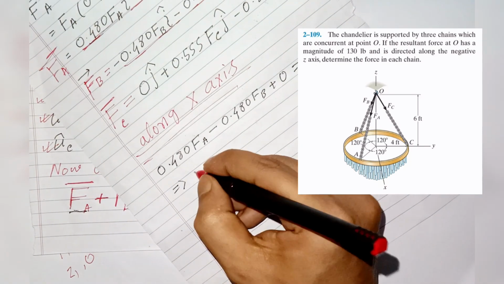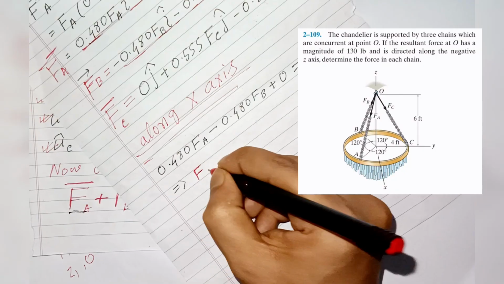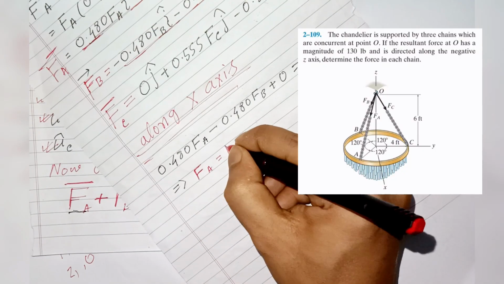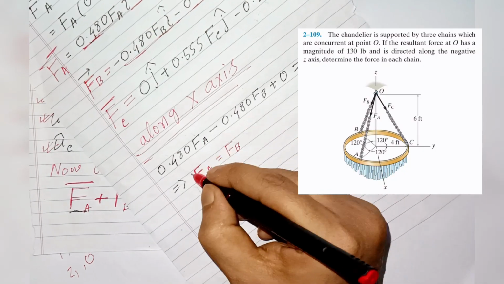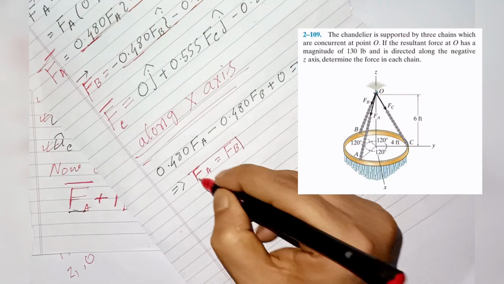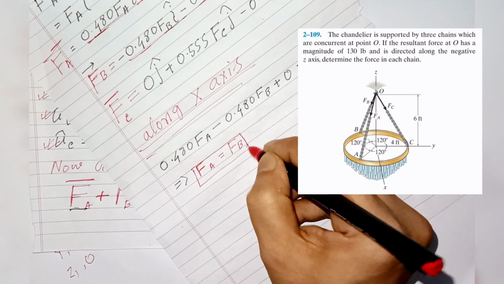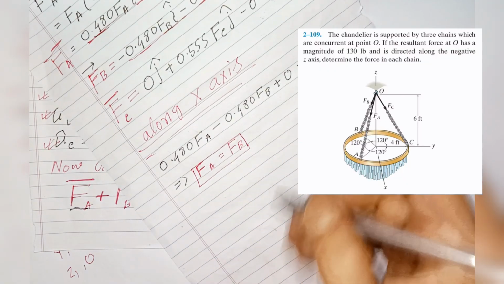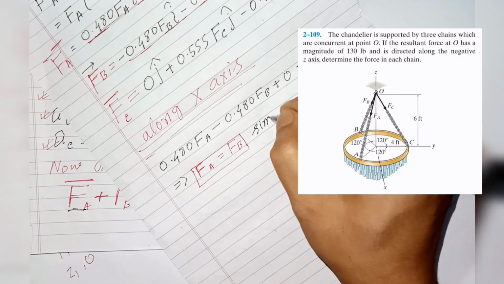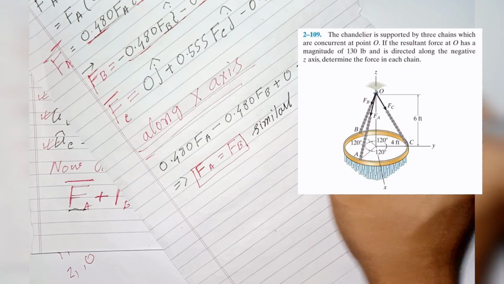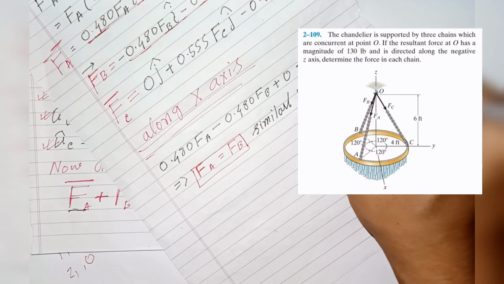This equals 0 because the resultant along the x axis is 0. Here we find F_B equals F_A. This is very important: the relation between two forces of the chains OA and OB.